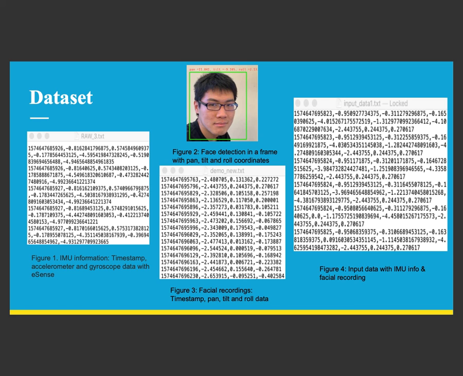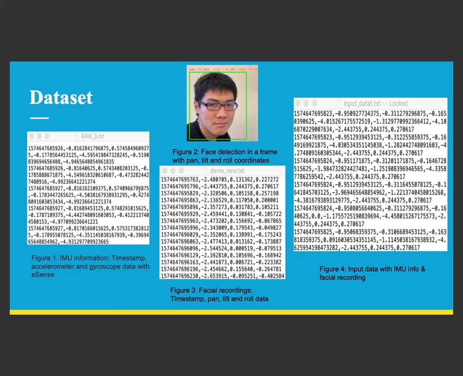So here's our data set. The first figure is IMU information consisting of the timestamp, accelerometer, and gyroscope data from the Essence wearables. And the second figure, yeah, of course, it's me. It's an example output frame for the face detection with pan, tilt, and roll coordinates using the Google Vision API.